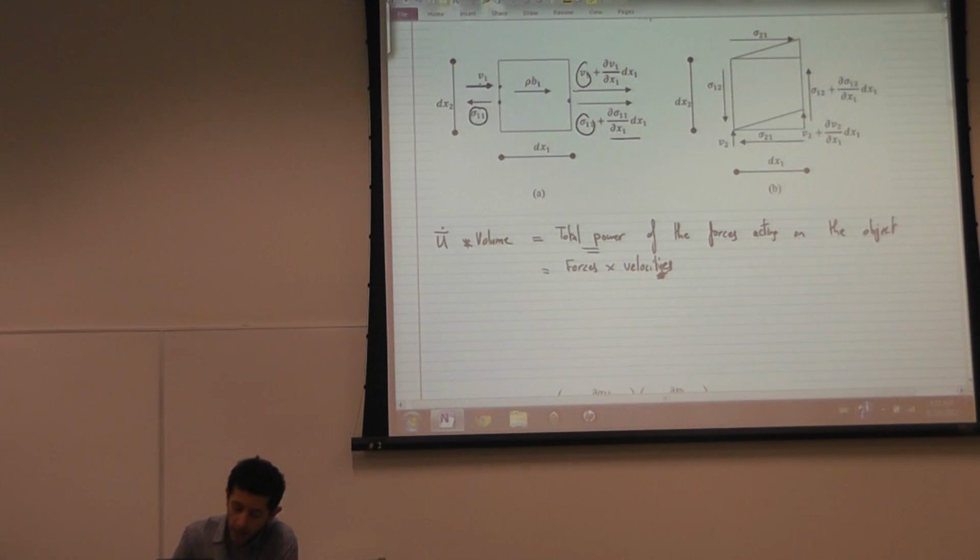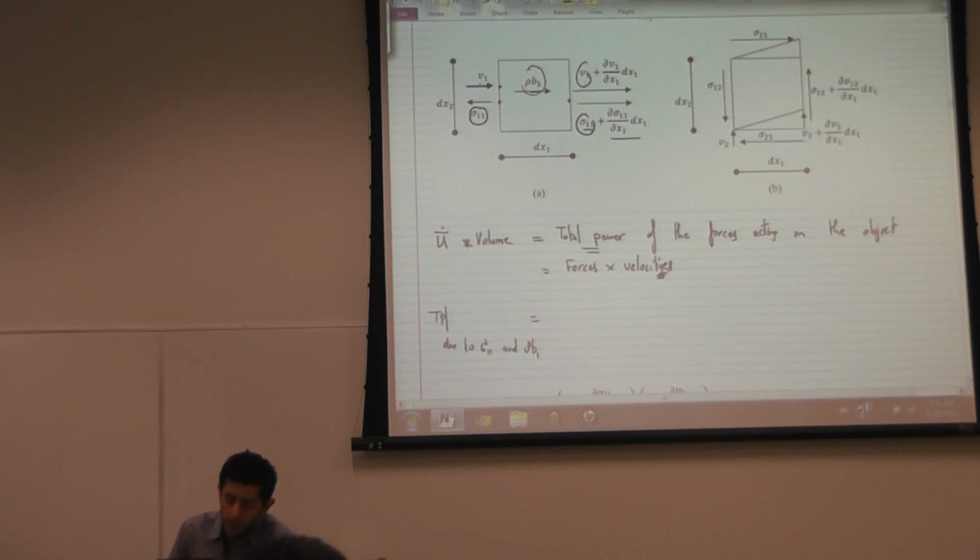And if the force acting on this object is rho b1, the velocity of this object is around v1. So the total power due to sigma 1,1 and rho b1 is equal to the force multiplied by the velocity.